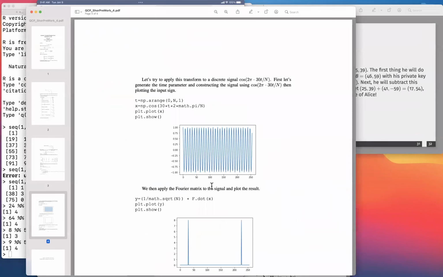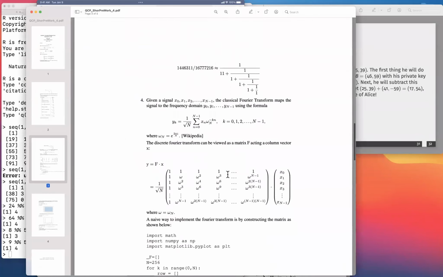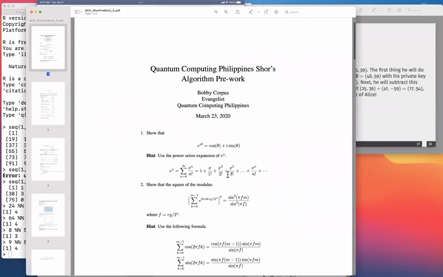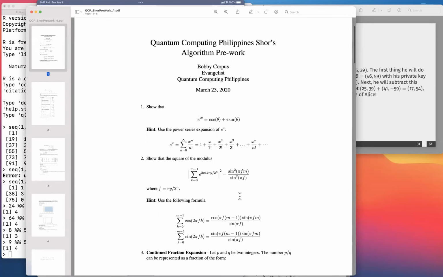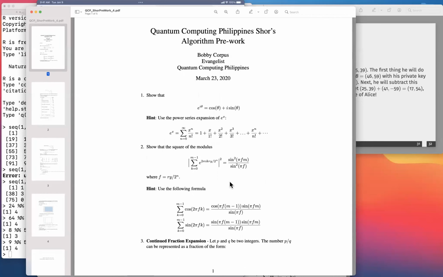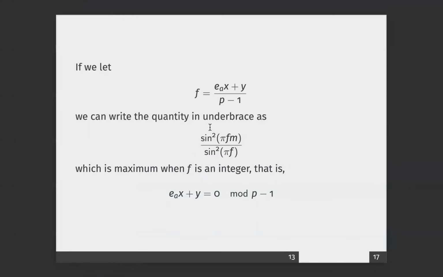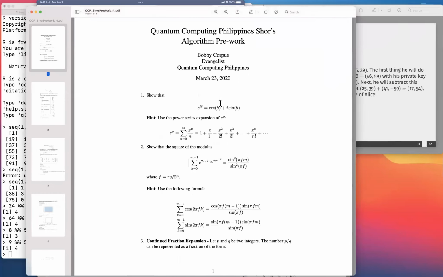According to this exercise, you will show that this one here is equal to sine squared pi f m over sine squared pi f, where f is equal to this one here. It's the same form, so you can apply the same formula.